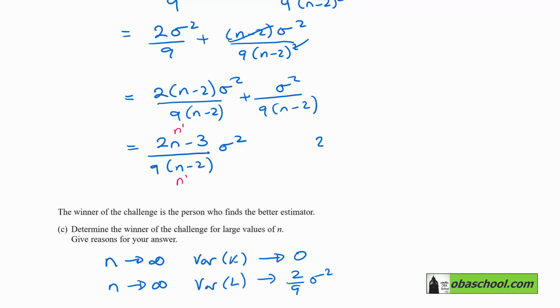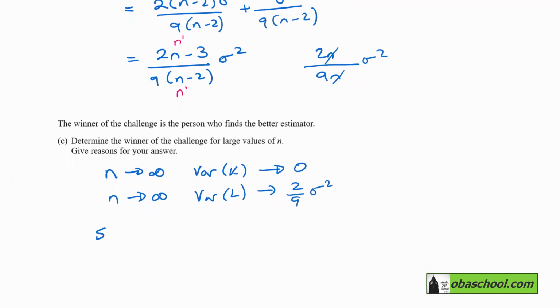So if you think about expanding out 2n minus 3 over 9n minus 18, when n tends to infinity, we can ignore those, and it's just 2n over 9n, which is 2/9 times sigma squared. So smaller variance is better, so K is the better estimator.